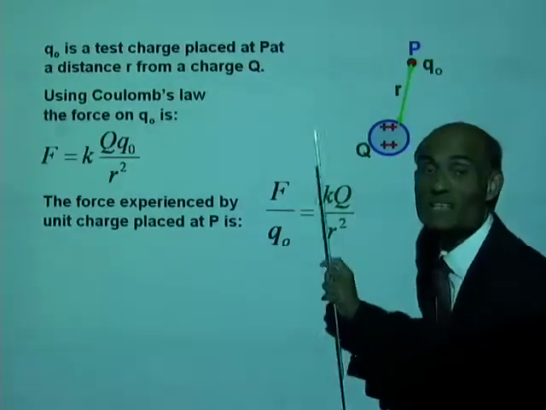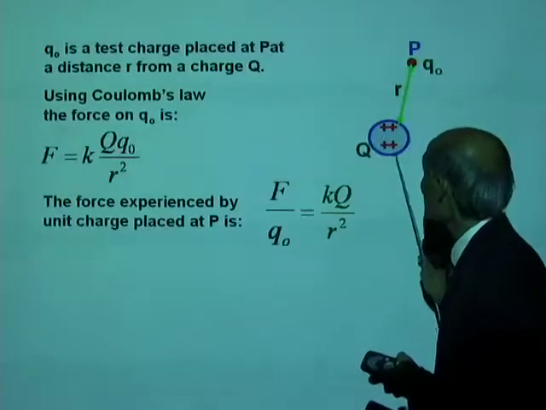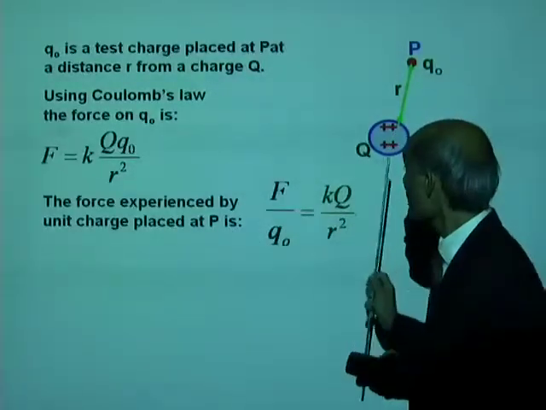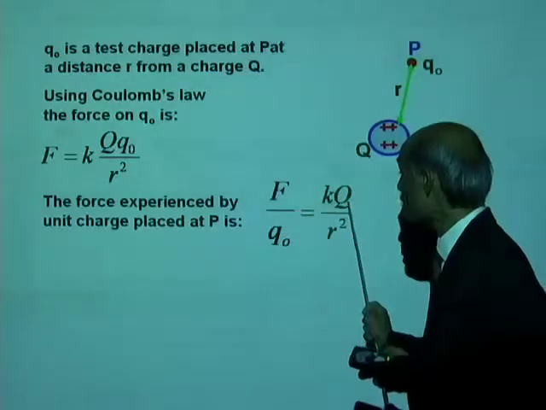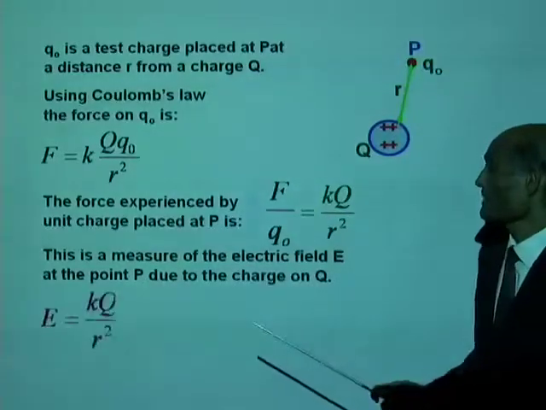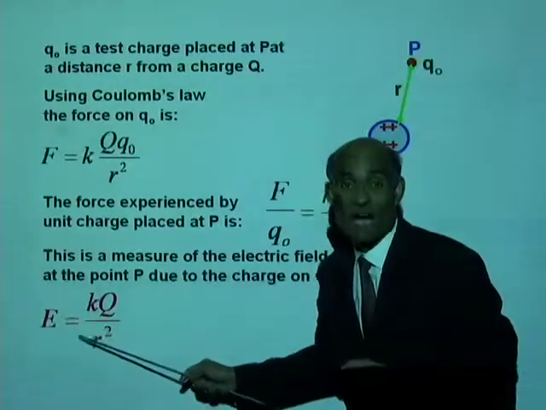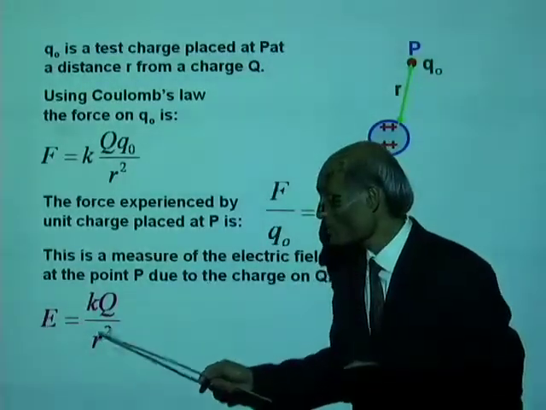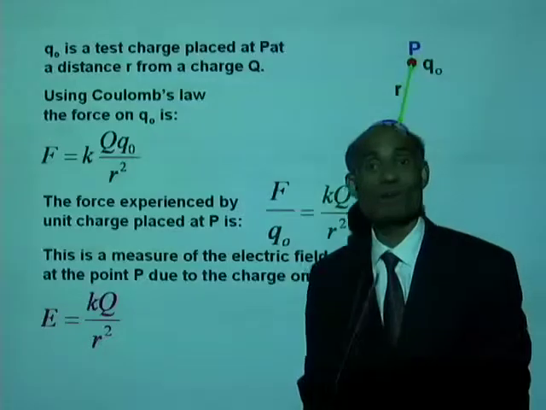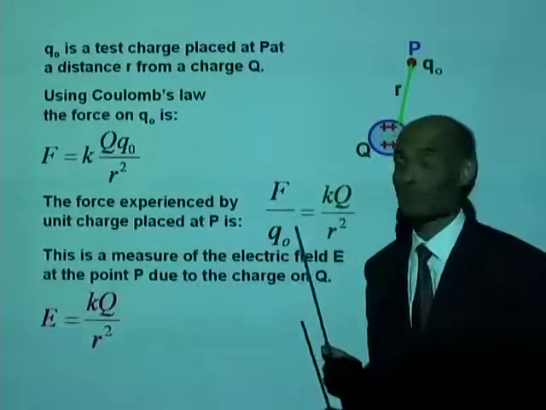It represents the intensity of the electric field at a point distance r from a charge Q. Intensity of electric field at a point distance r from a charge Q is KQ over r squared. So what does E stand for? Intensity of electric field at a point distance r from a charge Q is E equal to KQ over r squared. Don't forget that. We need that right through the course.